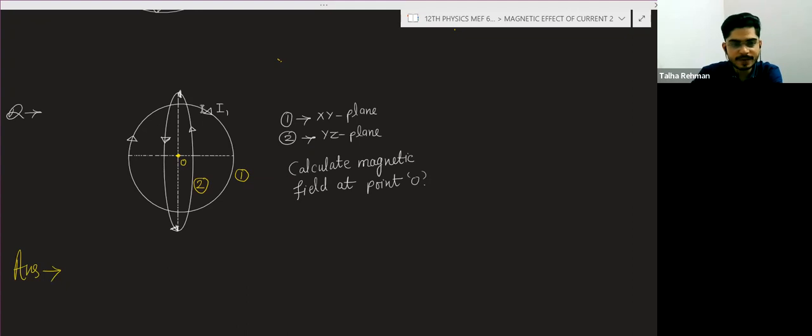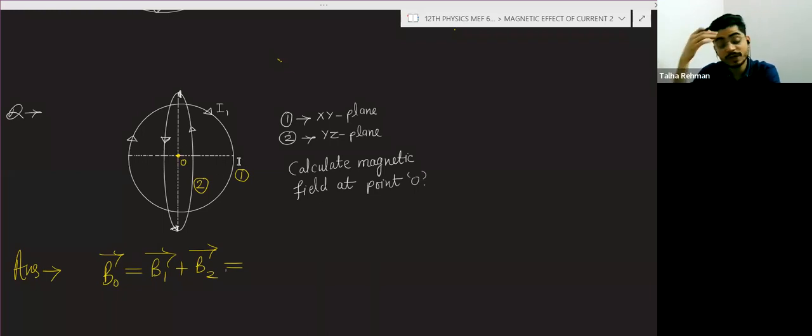You have to find the magnetic field at this point. Again, you will apply the same formula: B naught is equal to B1 plus B2. For coil number one, the same formula you will use, mu naught I divided by 2R.